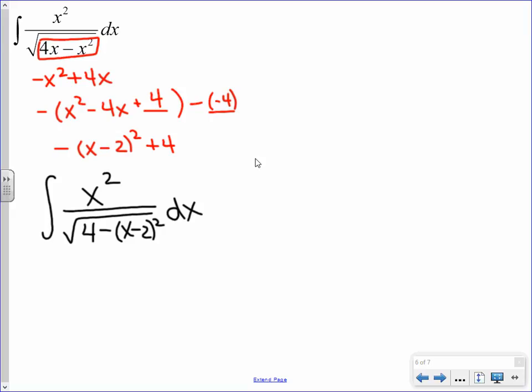Since we have a number squared minus something with an x squared, we can use our sine trig substitution. So now this is like 2 squared minus x minus 2 squared. Since x minus 2 is what is being squared, then x minus 2 needs to equal a sine theta.